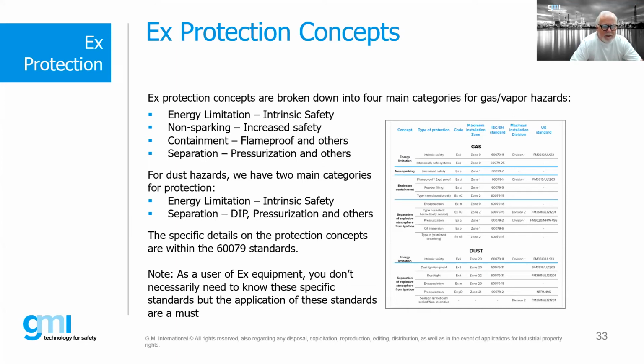If we're doing it to international standards, we should be following the 60079-14 standard. That's of all the standards to get your hands on, the one that's probably the most important for designers, engineers, installers, because this tells you what you can and cannot do with regards to EX equipment.